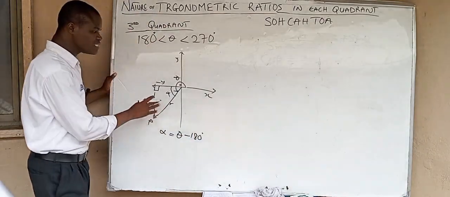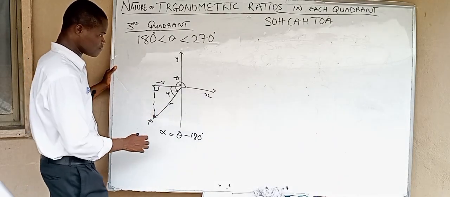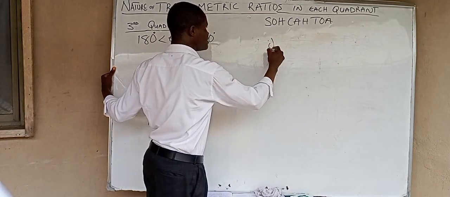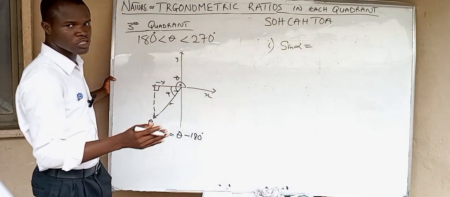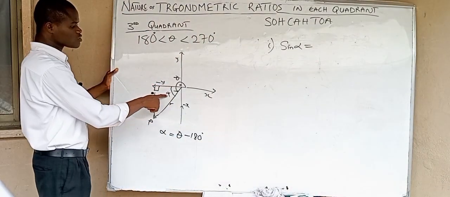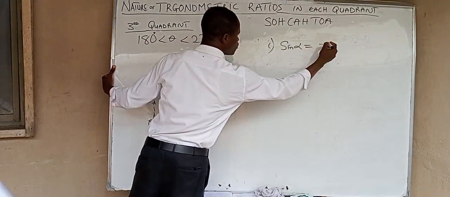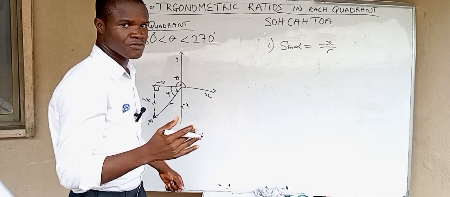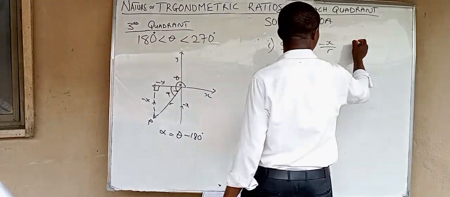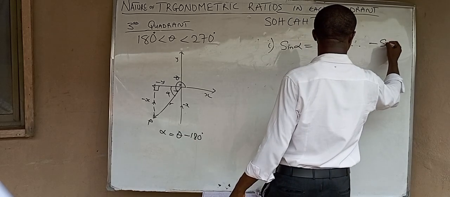Okay, so let's now know the nature of the trigonometric ratios in this very third quadrant. The first one is sine alpha, and remember, sine is opposite over hypotenuse. So sine alpha is opposite over hypotenuse. That is minus x over r. Of course, negative divided by positive is negative. So therefore, our sine in the third quadrant is negative.